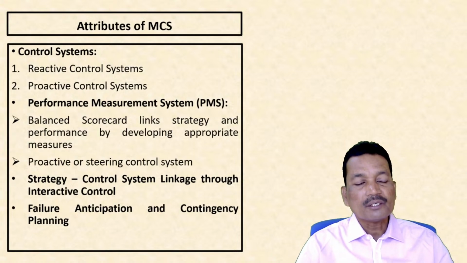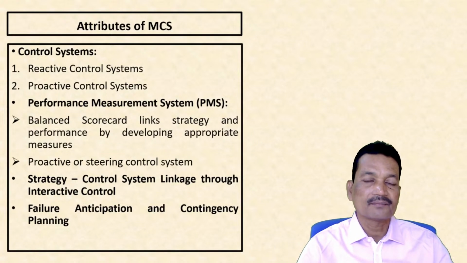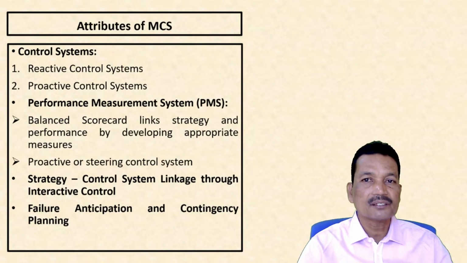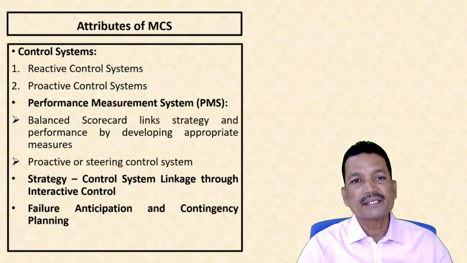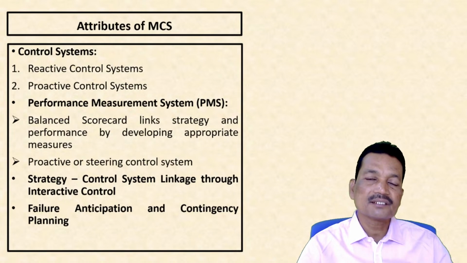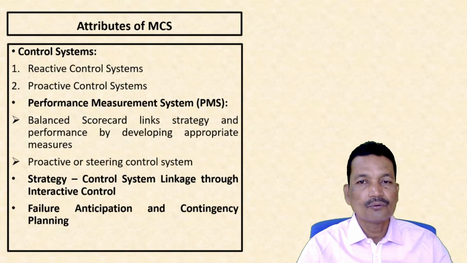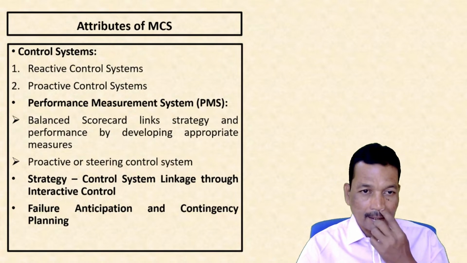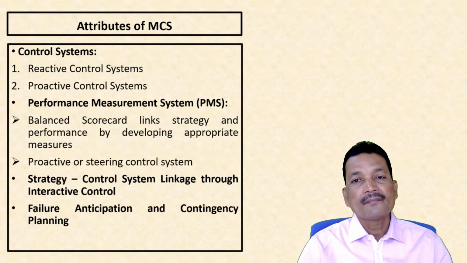So, when we are talking of a reactive control system, I will pick up an example here. Many of us nowadays either have a car ourselves, or we take the help of relations to move to a place by car.